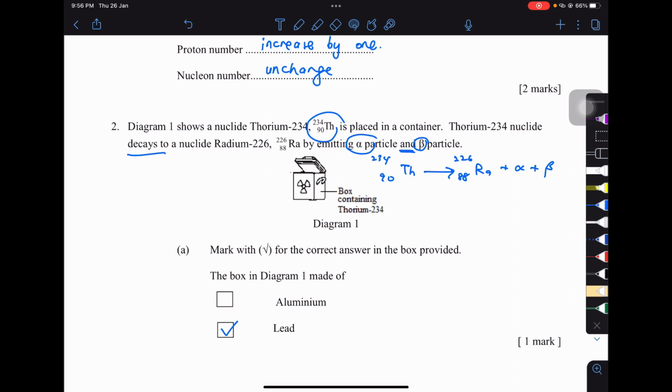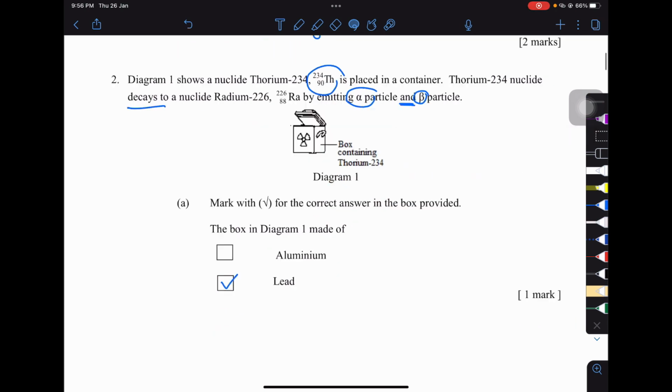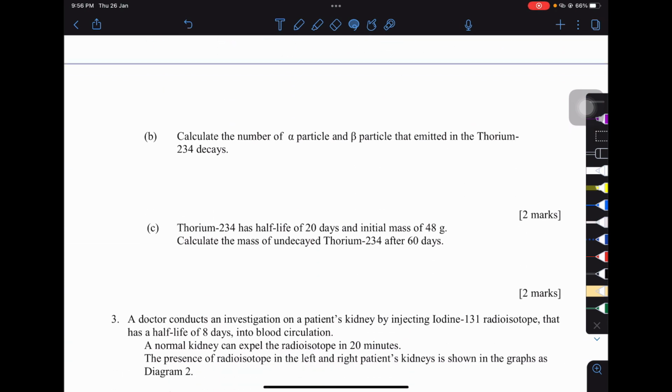We know this from the question. That's why you must read the question carefully. The question says calculate the number of alpha particles. So first and foremost, you have to write this, and then complete the equation. We want to know this value here. Let's say A, and this one B.